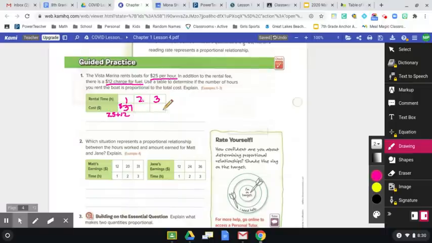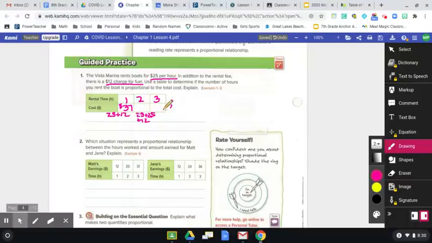Okay, what about 2 hours? Well, it's still $25 per hour. So 25 for the first hour, 25 for the second hour, and then that $12 fuel charge, so plus 12. So 25 and 25, that's 50, and another 12 there.